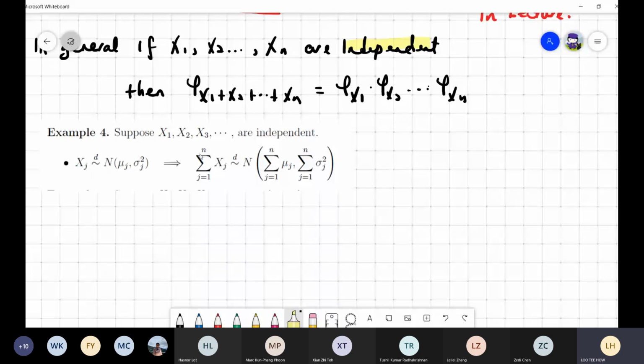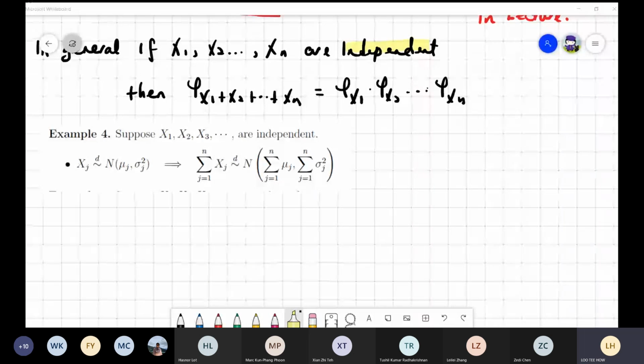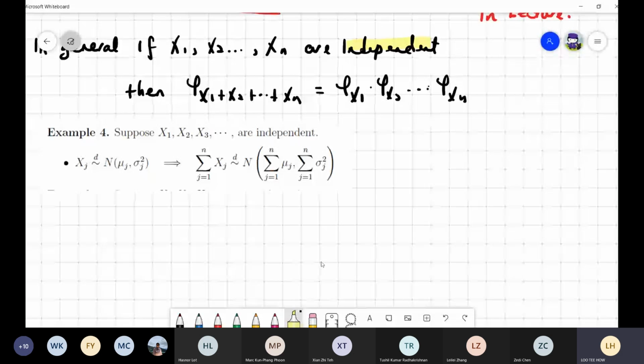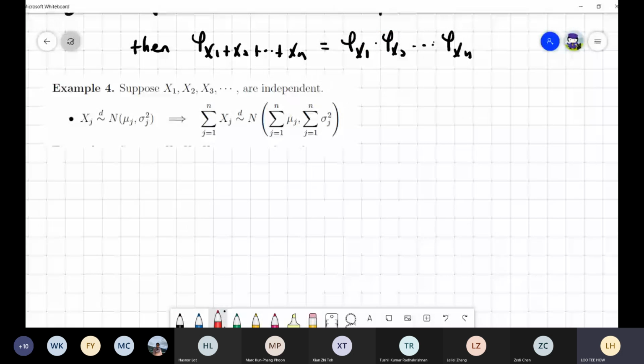Then the summation of xj, j running from 1 to n, is also a normal distribution, with mean equal to the summation of the means, and variance equal to the summation of those variances. Before that, just recall this formula. I think I can just directly write it down.